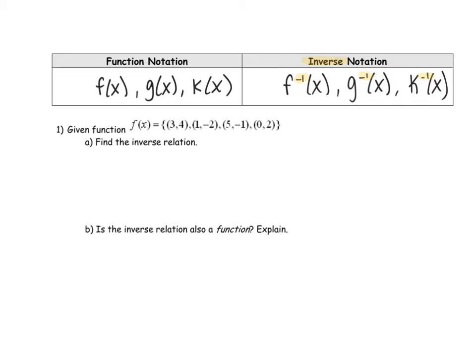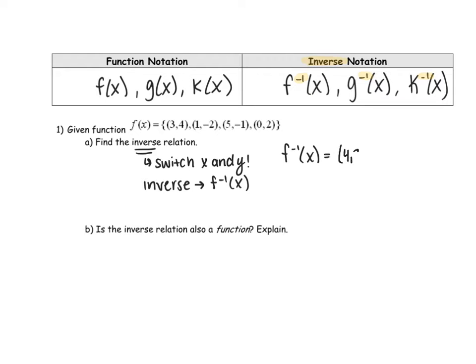So really, we know that to find the inverse, we have to switch the x and y values. And we know that inverse notation is f negative 1 of x. So let's write it out. F negative 1 of x. So what do we say? Switch the x's and y's. So if this point is 3, 4, then that point becomes 4, 3.